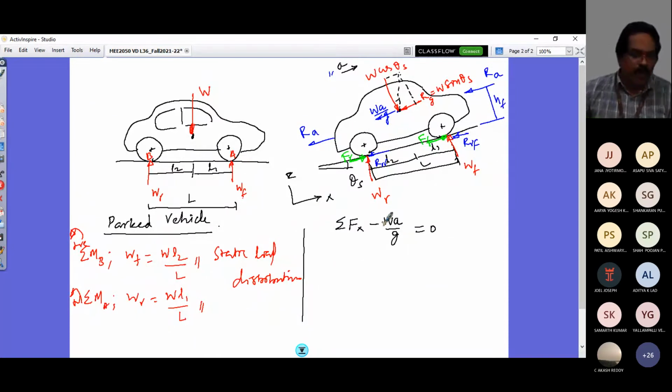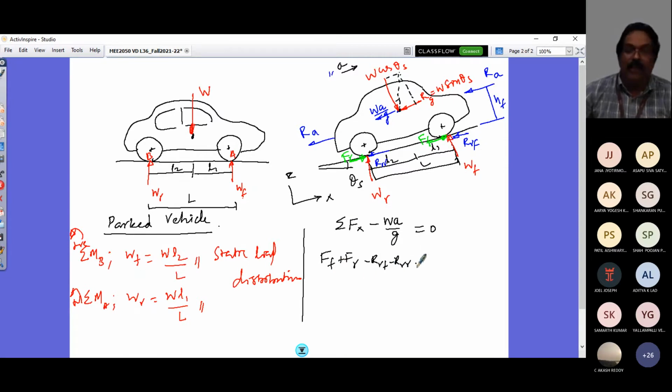Putting it in, I would have both tractive forces, FF plus FR, and you see the rest of the horizontal forces are in the opposite direction. That's going to be RRF, RRR, the rolling resistance in the rear axle. These are the forces at the tire road interaction.